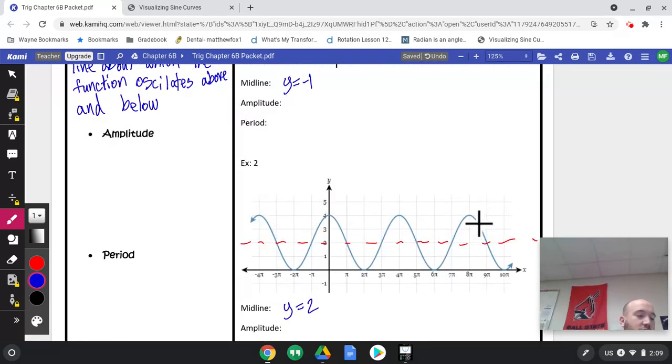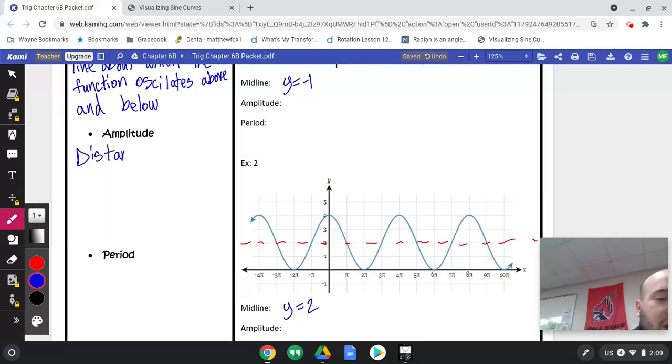Now, amplitude. This is that distance from the midline to the peak or the valley. So amplitude, think of it kind of like your height.